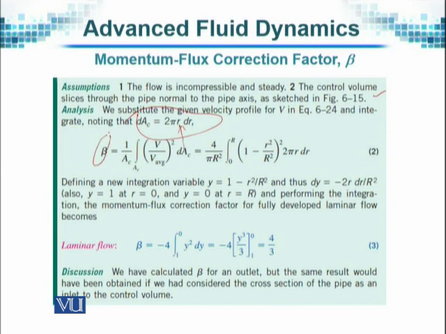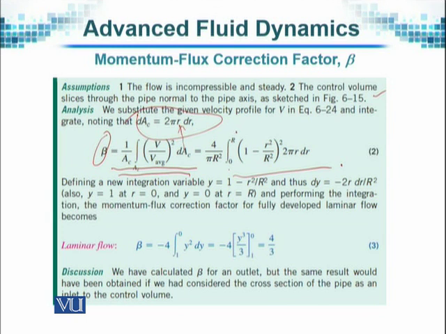Beta, by formula, is equal to this expression, and when we substitute the values we obtain this. We have to determine the limits: the flow can range from 0, the center of the pipe, to the maximum, the pipe radius R, where the fluid meets the solid body.